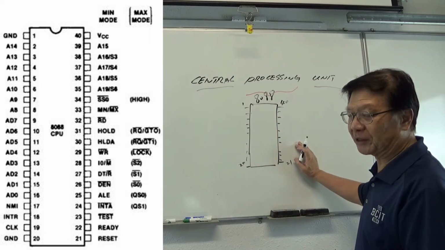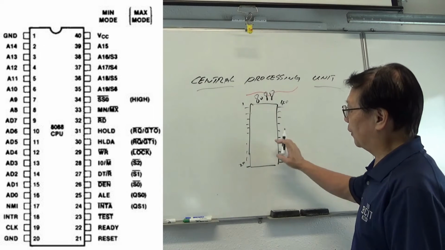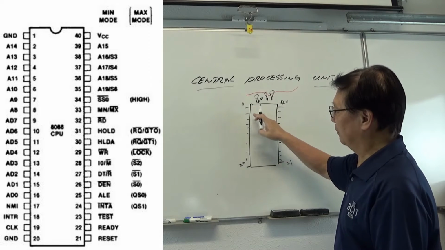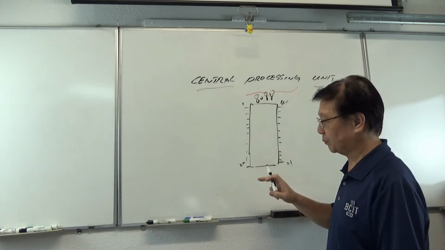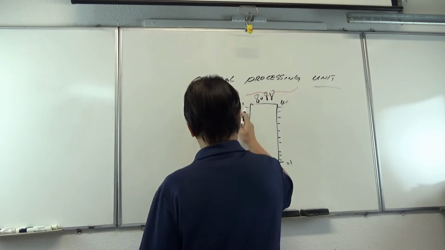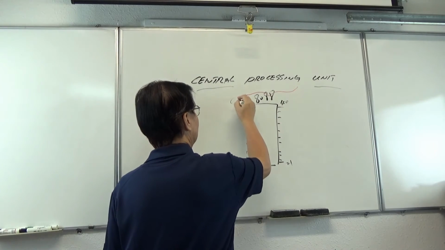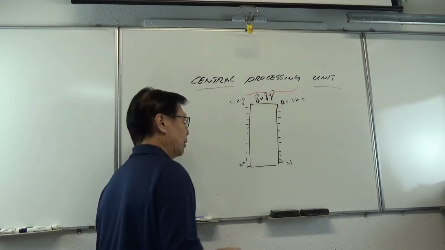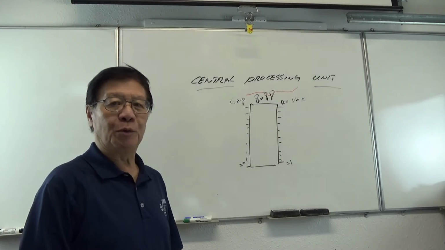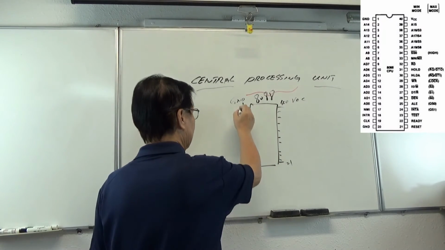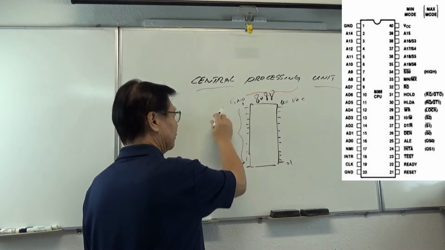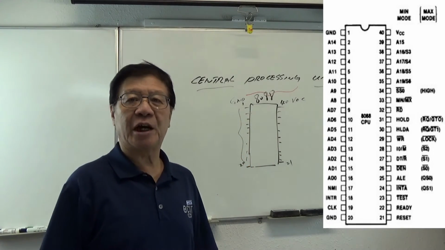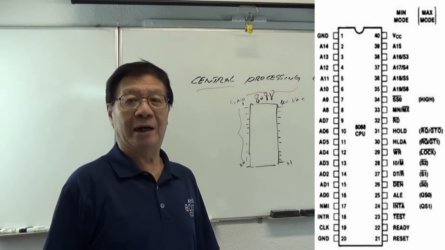The 40 pin assignments, from 1 to 20 on this side. Actually this one is a ground. This one is a VCC, a voltage, the power for the CPU. And from here to here, we have some pins assigned to data.